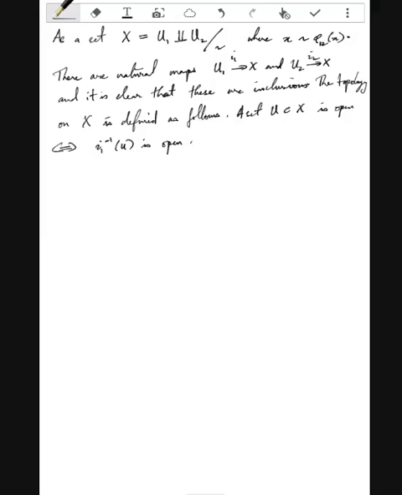The topology on X is defined as follows. A set U is open, so let's give these maps some names. Let's call this I1 and let's call this I2. If and only if I1 inverse U is open in U1 and I2 inverse U is open in U2.